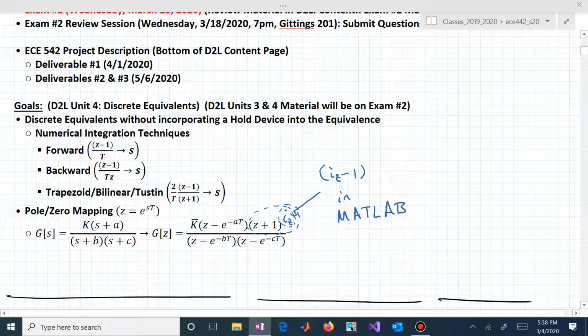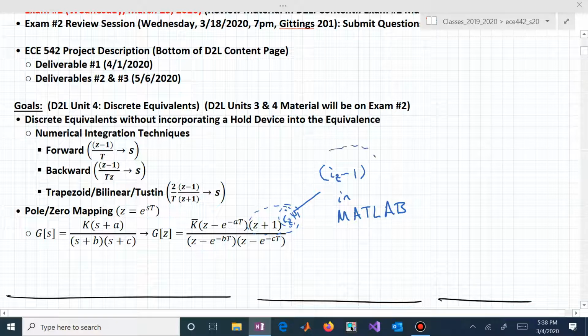Essentially, if you had two zeros at infinity and you found this discrete equivalent in MATLAB using the matching or mapping approach, they would actually use z plus 1 raised to the 2 minus 1, or just one of those z plus 1 factors. That will become clear, I hope, as we work through this.